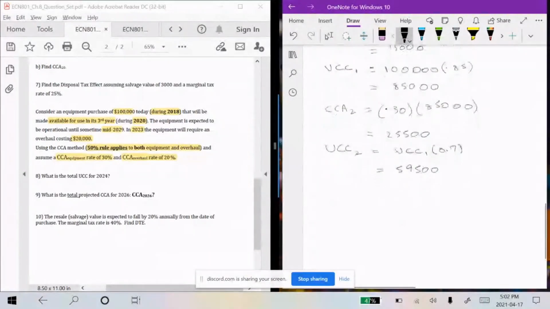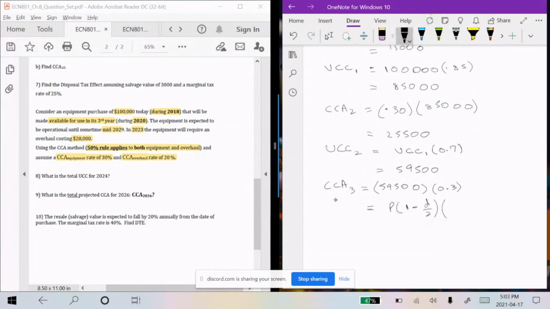Then I'll just do this for one more period, CCA 3. This time it's 59,500, and it's again undergoing 30% depreciation. So the formula for this would be P initial times what is the depreciation in the first period, that would be 1 minus D by 2, taking in the 50% rule.